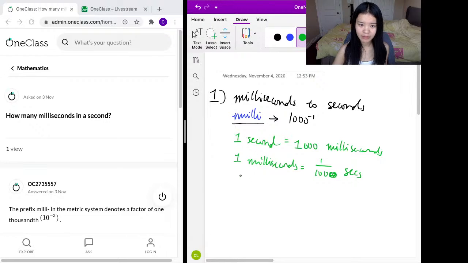So in order to convert from milliseconds to seconds, the short answer is to divide by 1,000.